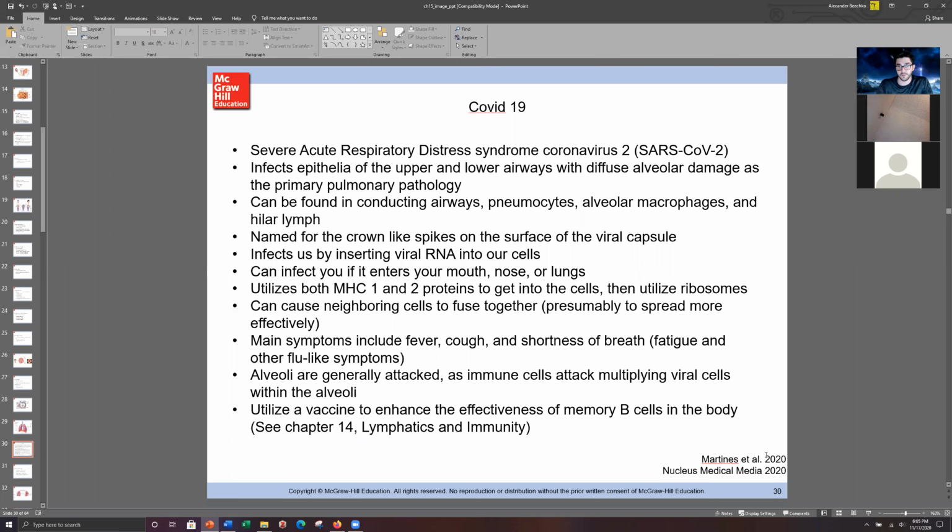It was just published back in September. You should also check out Nucleus Medical Media. They've got some very well put together infographics on how the virus affects our tissue and those sorts of things. So definitely check out those sources if you'd like some extra material.